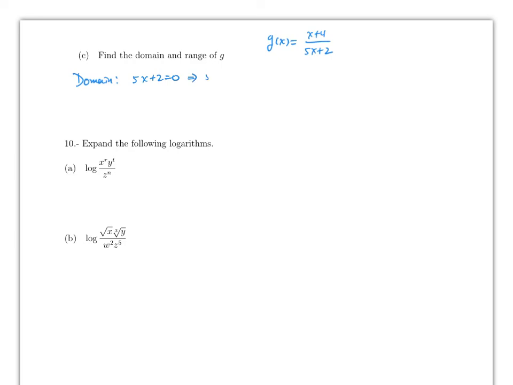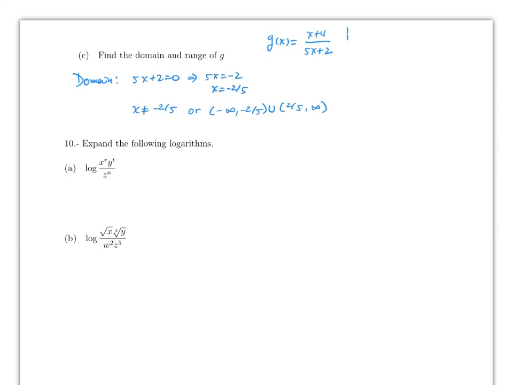So that means that 5x equals negative 2, or x equals negative 2 over 5. So that means that the domain is x cannot be negative 2 over 5, which is technically the vertical asymptote, if you look at it that way. Or you can do the interval notation, minus infinity to negative 2 over 5, union negative 2 over 5 to infinity.